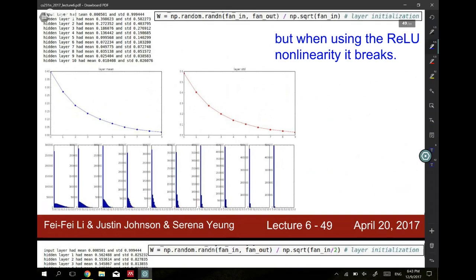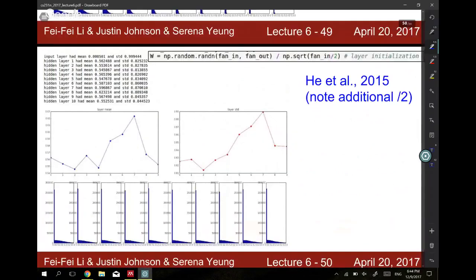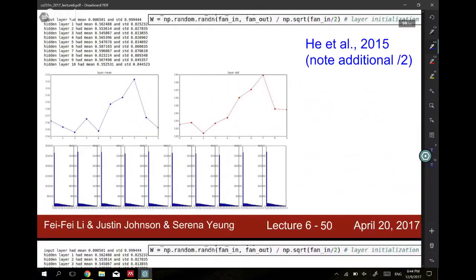So basically half of them will be zero, so they will not fire at all, and we lose half of them. What they suggest is to add an additional divide by 2 in the equation to ensure that the rest of the output is the same.